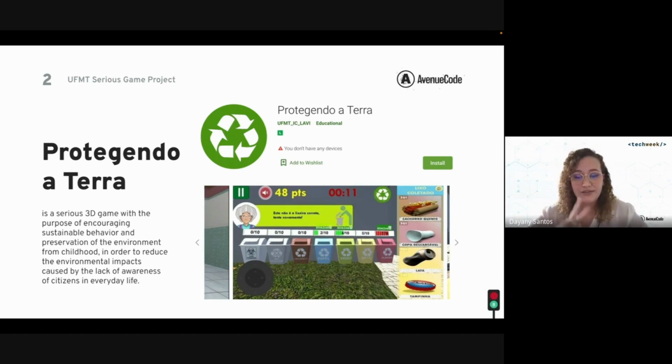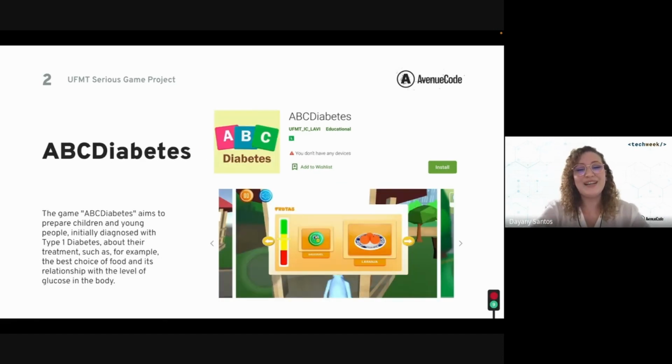In the second phase of this game, we encourage the kids to learn how to make toys with the objects that they recycle in phase 1. This one is the last one that I had the opportunity to work on the development.